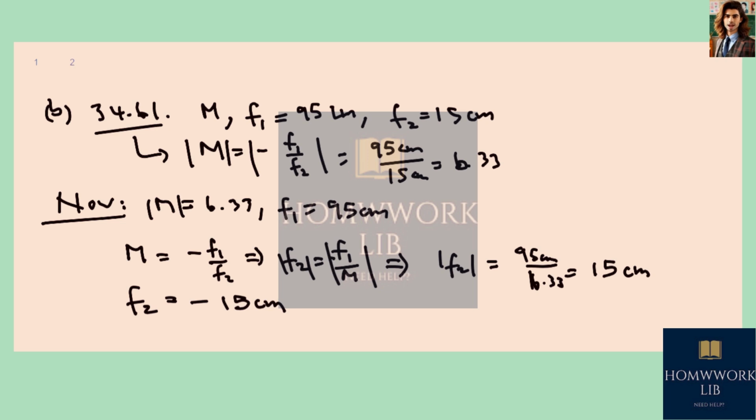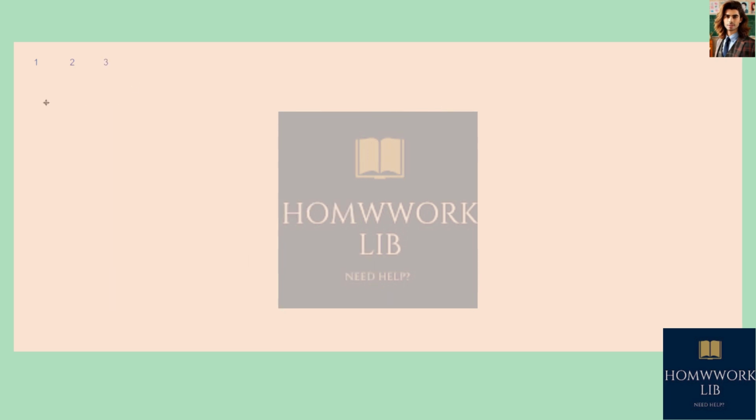And now in part C, we are asked to compare the lengths of the two telescopes, meaning compare the length of the telescope for problem 34.61 with problem 34.100. So here, we know this formula, length of the telescope is f1 plus f2.